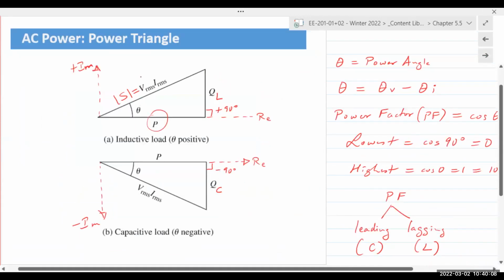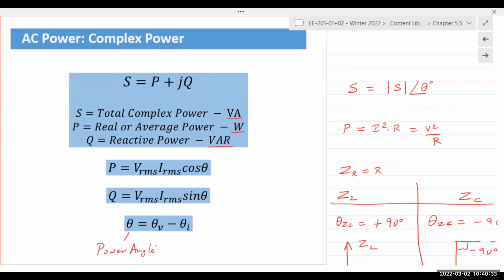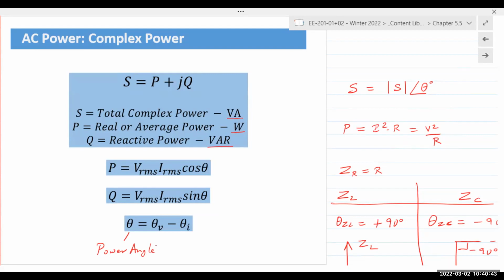So P is hypotenuse times cosine of theta, and Q is magnitude of S times sine of theta. Theta is also known as the power angle, and is simply the phase difference between the voltage and the current, theta V minus theta I. So it is also the impedance angle. Impedance is V divided by I, so the phase would be subtracted, theta V minus theta I.